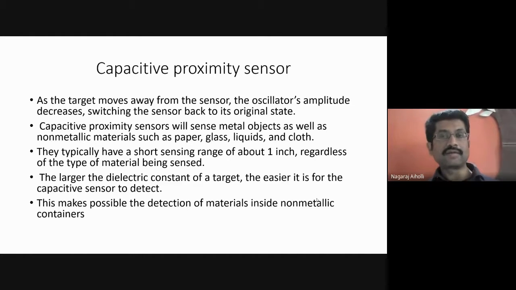C is equal to epsilon A by D, where epsilon is the dielectric constant, A is the area of each of the two plates, and D is the distance between the plates. There are two parallel plates like this. The area of the plates is A, the distance between the plates is D, and epsilon is the dielectric constant of the material.